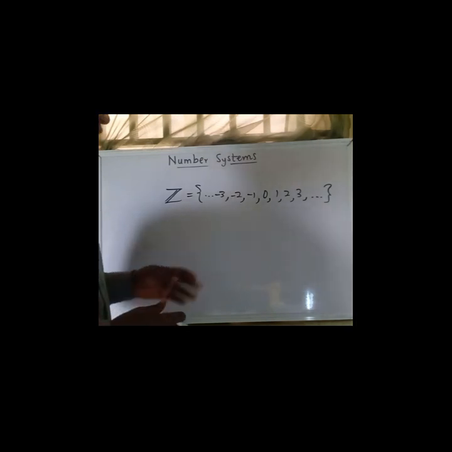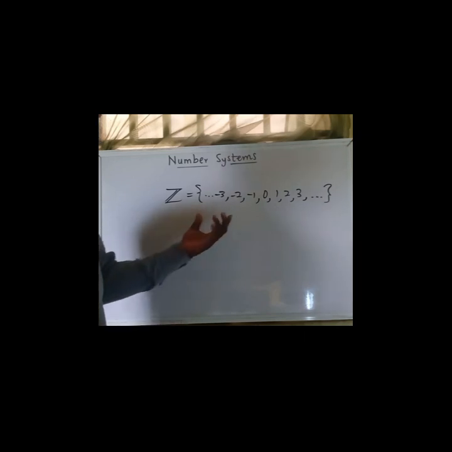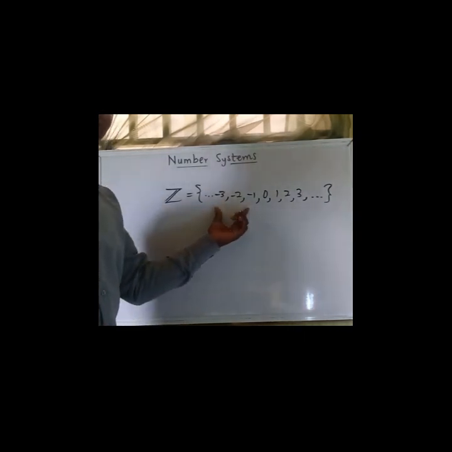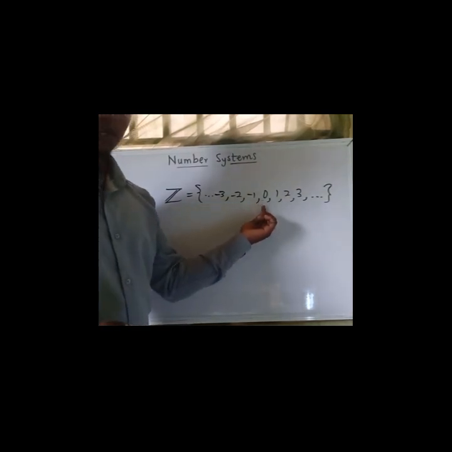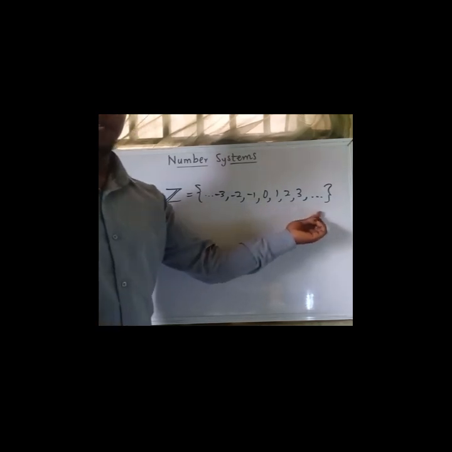So you recall that we said this number is divided into three parts: the negative integers, the zero integer, then the positive integers.